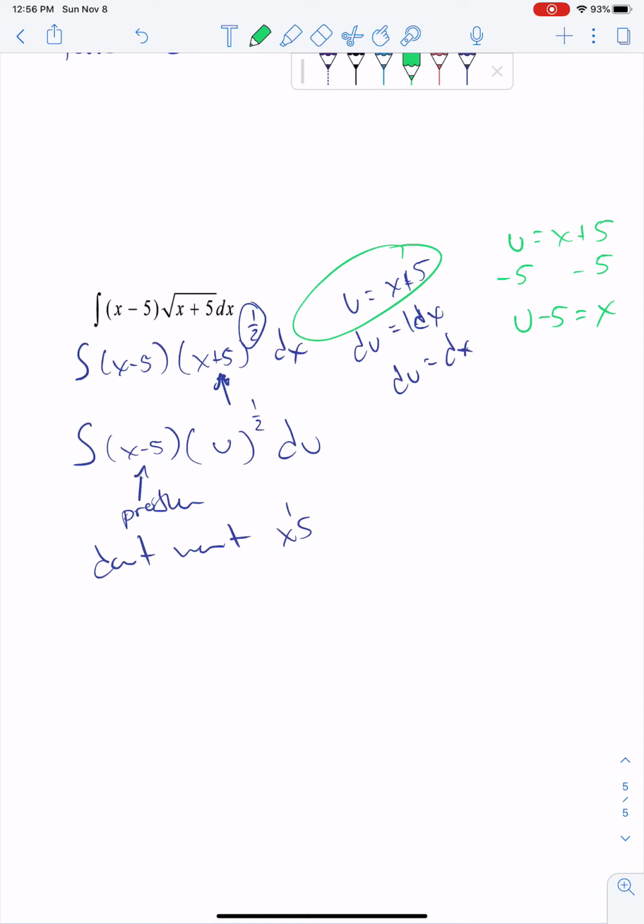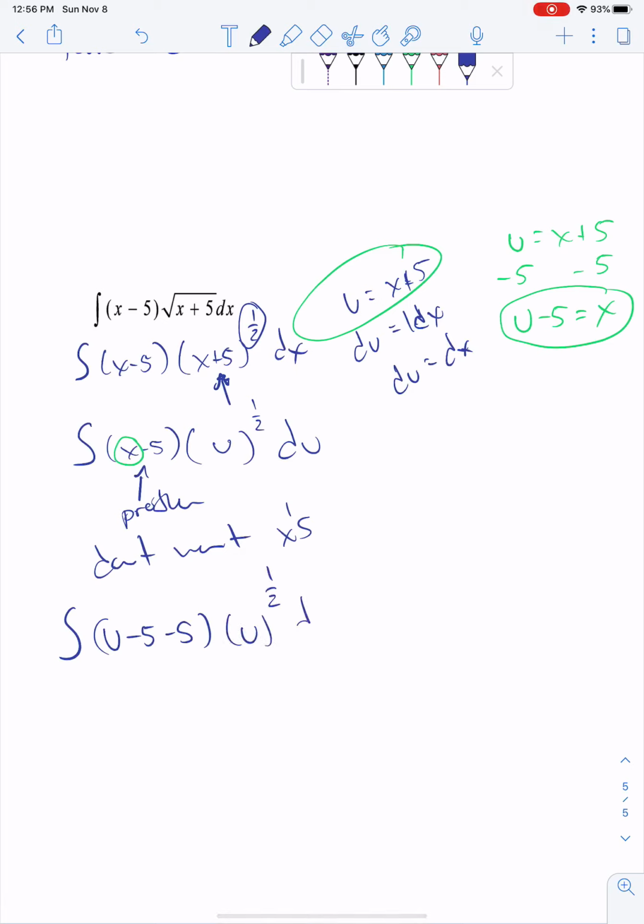So not only did I solve for u, I also have a function for x. And I can take that function and plug it in right there for x. So I'm going to rewrite this as the integral, and instead of x minus 5, I'm going to put u minus 5 minus 5 multiplied by u to the 1/2 du. So that just becomes the integral of u minus 10 multiplied by u to the 1/2 du.